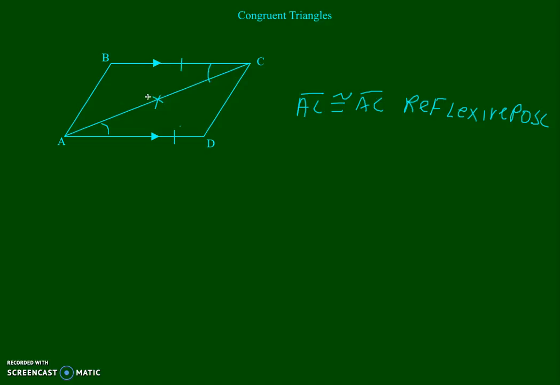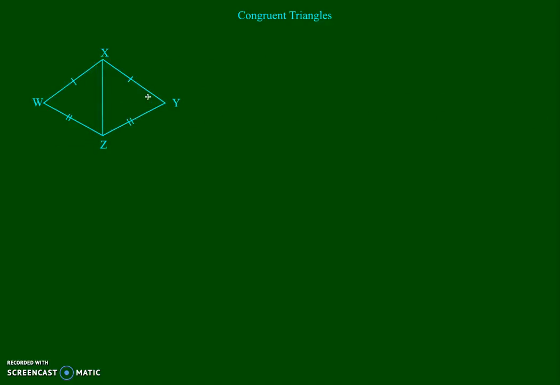Let's try another example. In this example, we have triangle WXZ and triangle YXZ. We see that WX is congruent to XY, WZ to ZY.